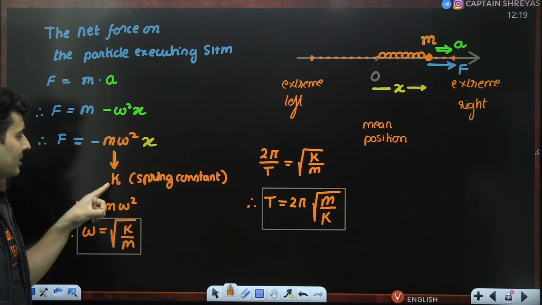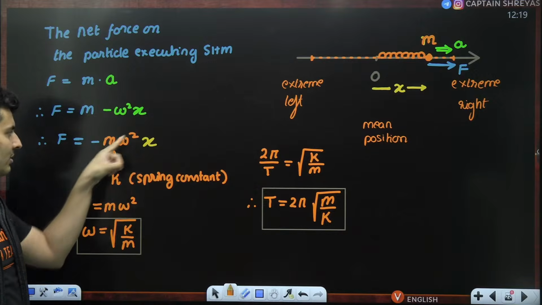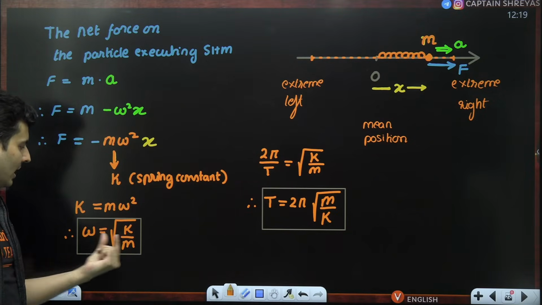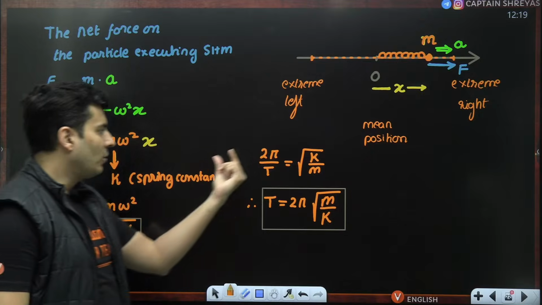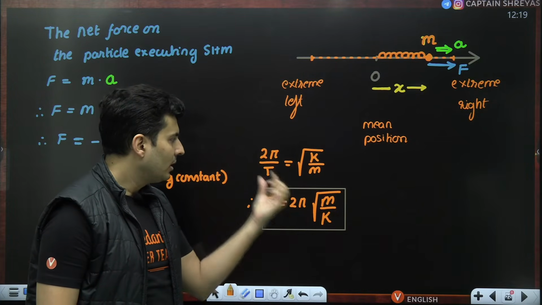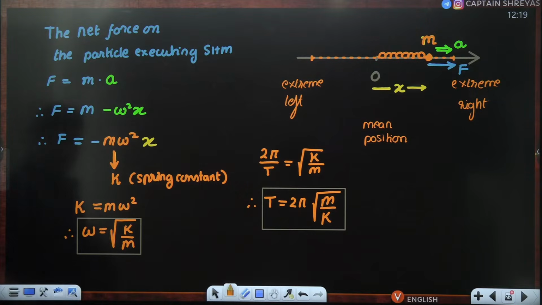Comparing m omega square with k, you can see F is minus kx, F is minus m omega square x. So m omega square is like k. Omega I will get as root of k by m, but omega was also 2 pi by T. So taking time on the top, time is 2 pi root m by k. That is the answer. Very, very important.